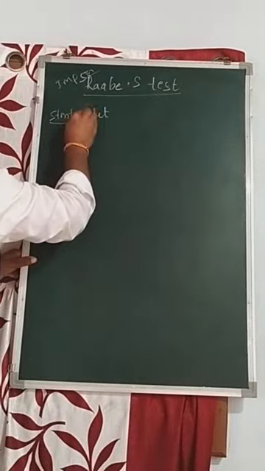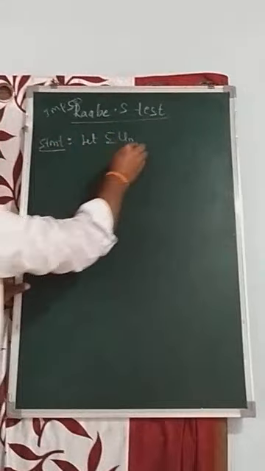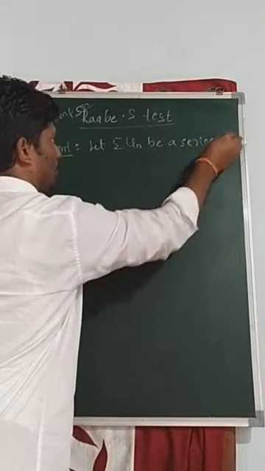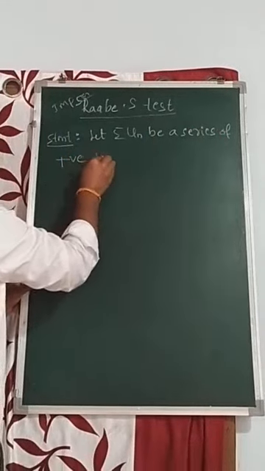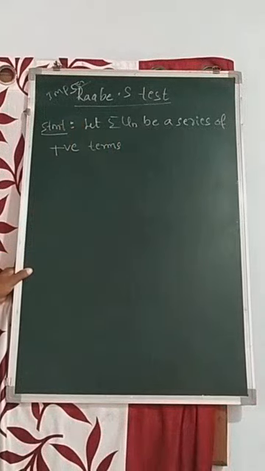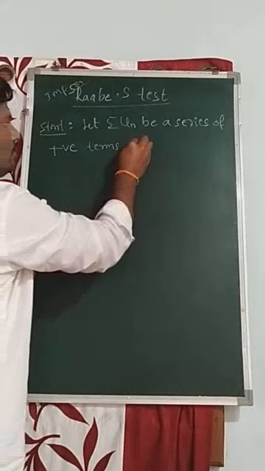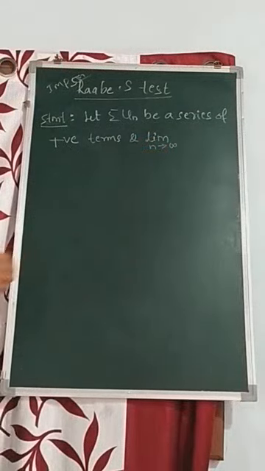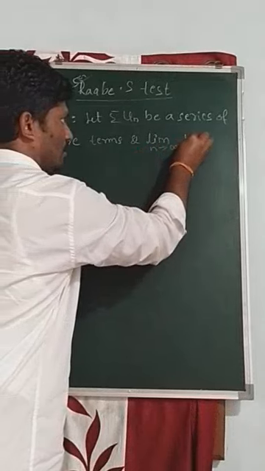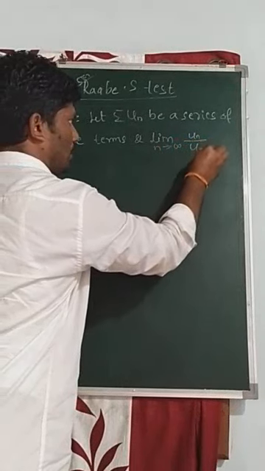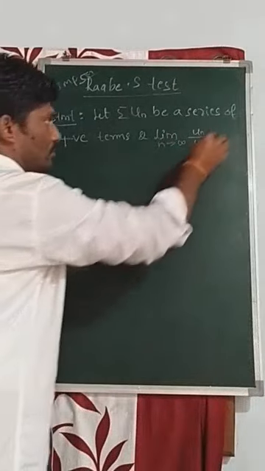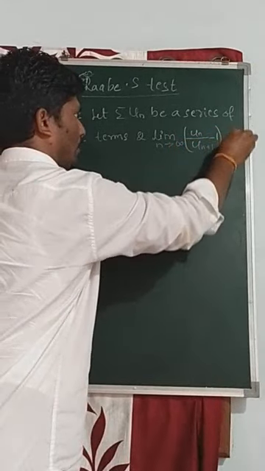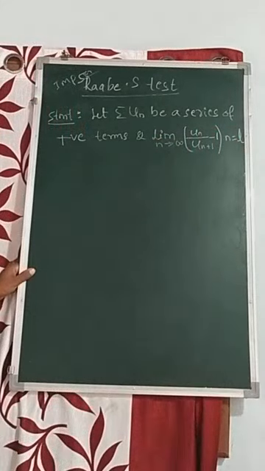Let summation of un be a series of positive terms, and limit n tends to infinity, un divided by un plus 1 minus 1, into n, equal to L. This is the condition.